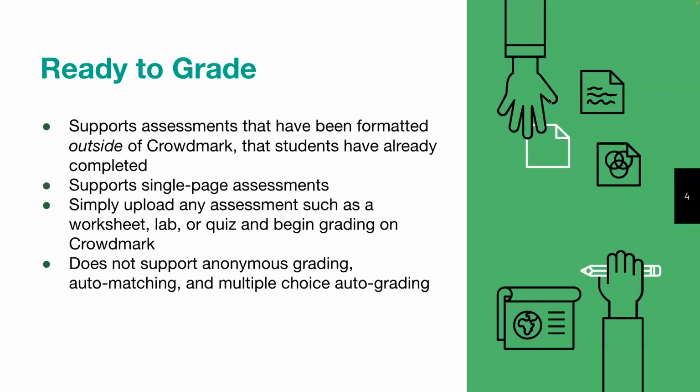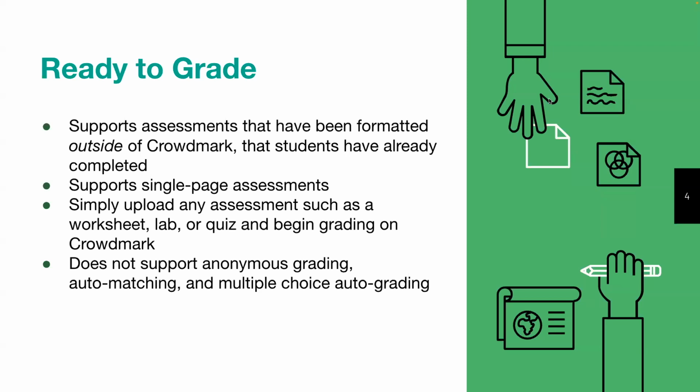So ready-to-grade assessments were designed for things like worksheets or labs, things that you don't want to have to spend a lot of time formatting in Crowdmark before they're written. They may even already be written. They may be sitting on your desk right now, and you can simply scan them, upload them to Crowdmark, and the Crowdmark system will split them into booklets based on your template, and you'll be able to grade online.